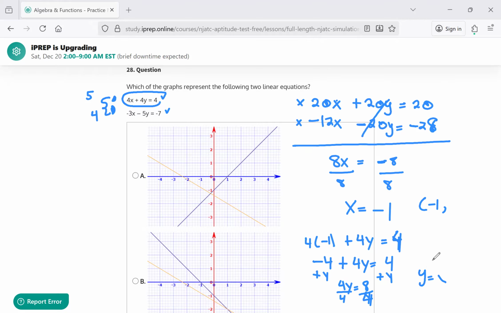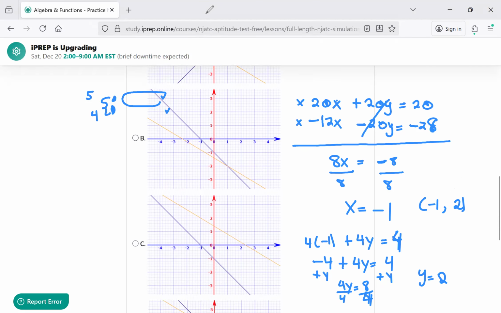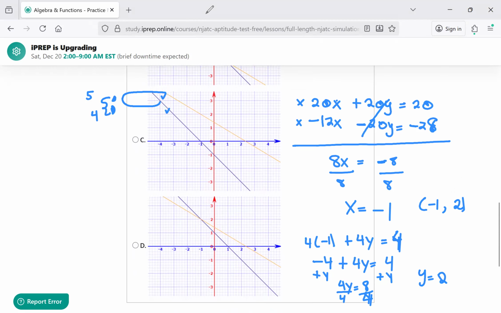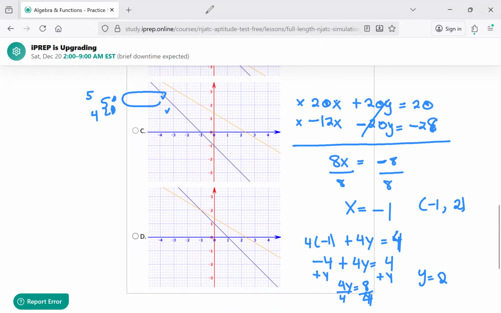Okay, so your solution is negative 1, 2. So which one of these graphs has a point of intersection at negative 1, 2? Letter D. If you look at this, negative 1, comma 2, that's the point of intersection, so that is the solution.